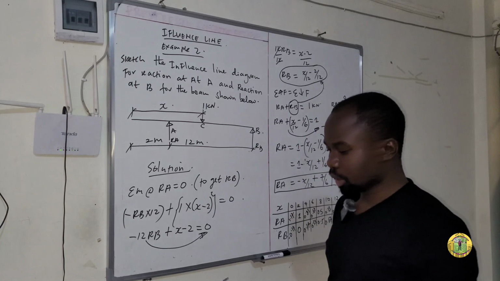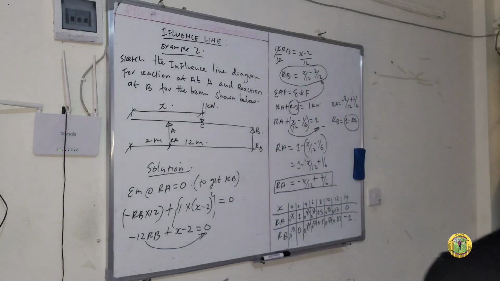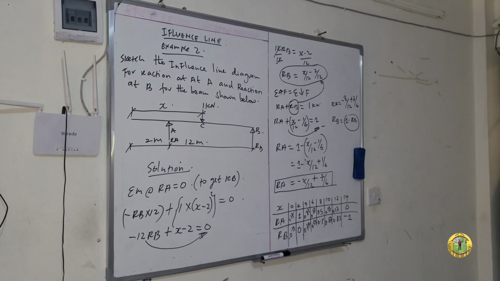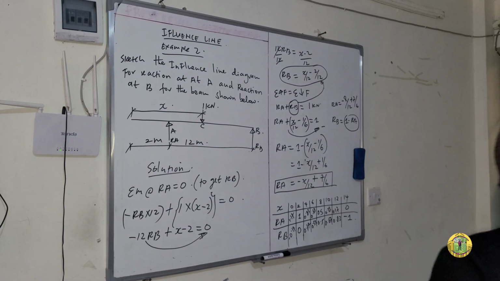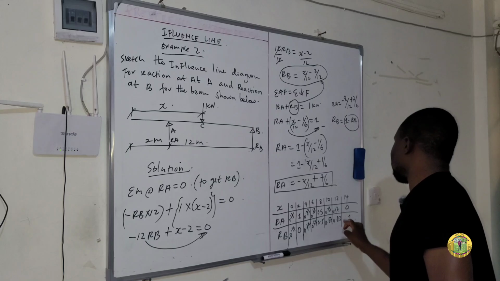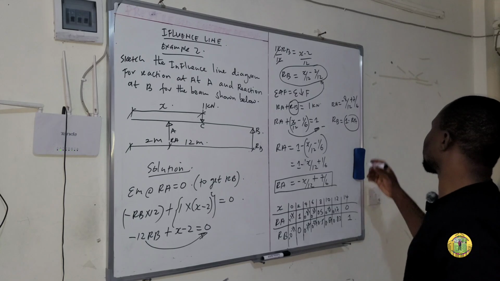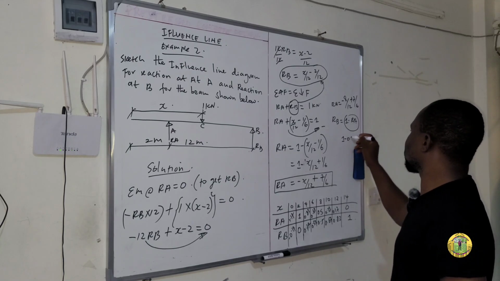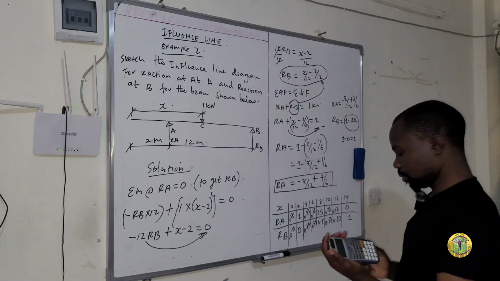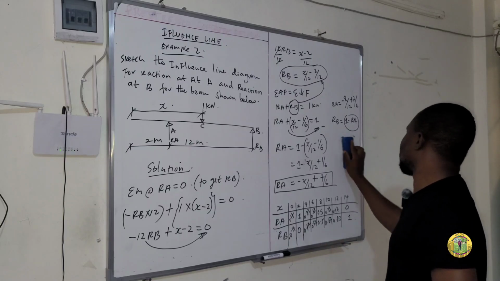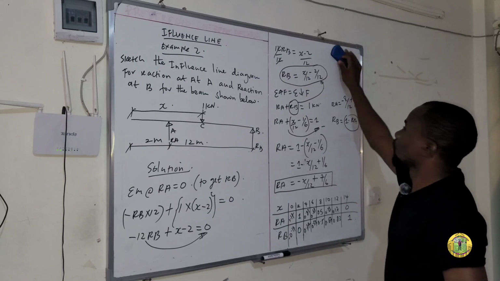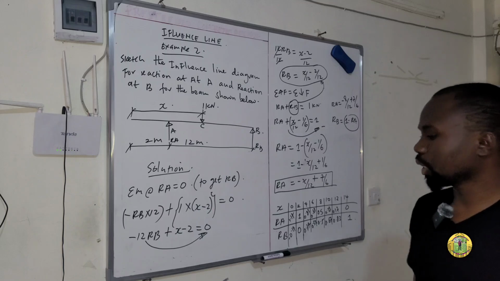So let's now draw the diagram. No, this is 1, not negative, because it is 1 minus 0. 1 minus 0 is equal to 1, like that. So let's now draw the influence line diagram.